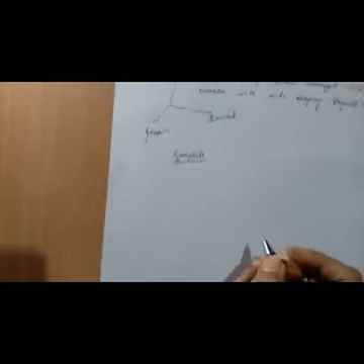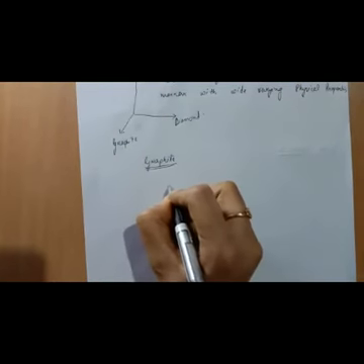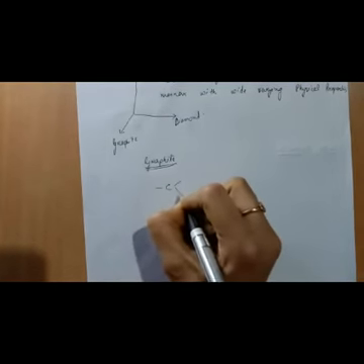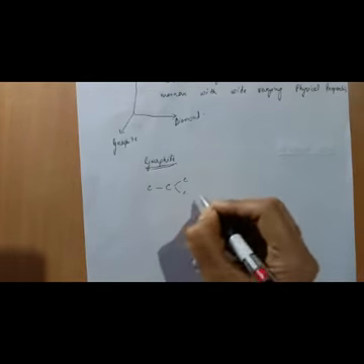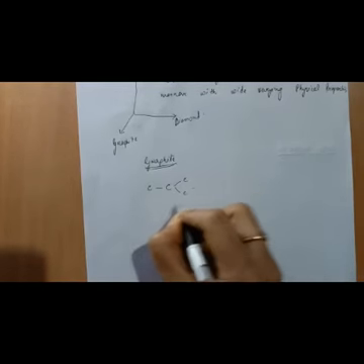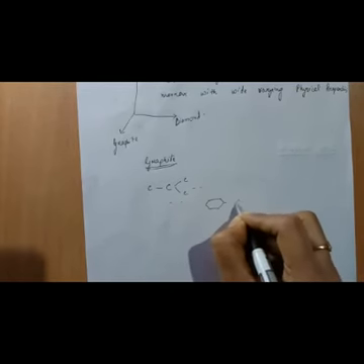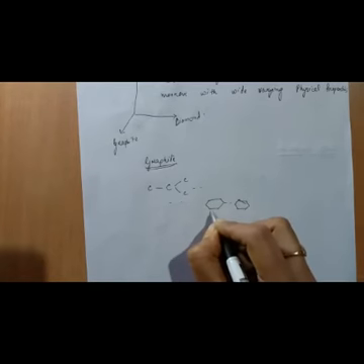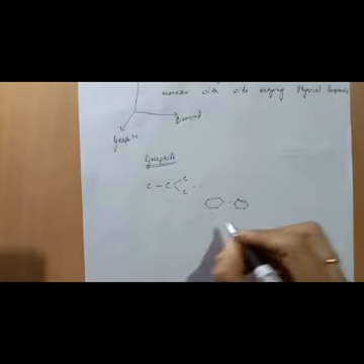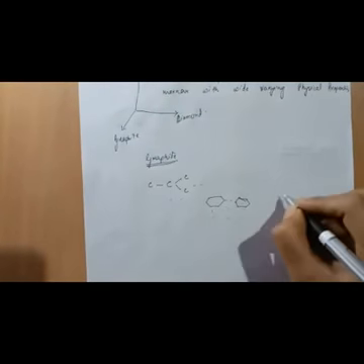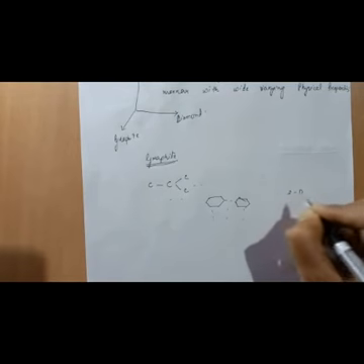In graphite, to one carbon, 3 other carbons are attached, forming a hexagonal like structure, and in such a way hexagonal structures are formed one above the other. The structure of graphite is a 2D structure.